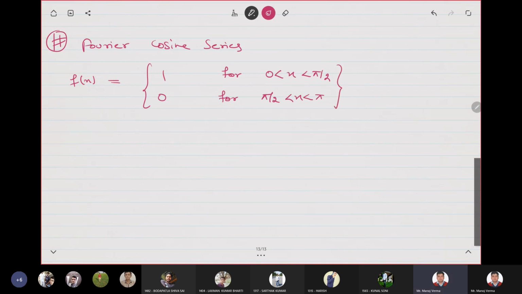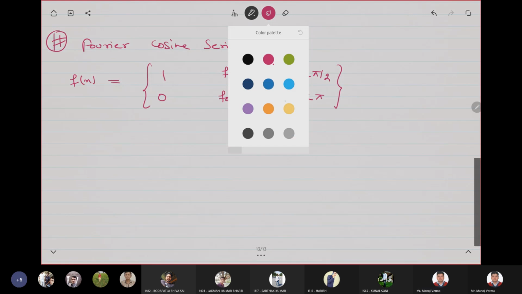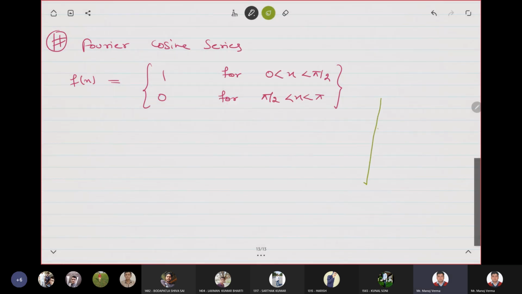Okay, this function was defined in this manner. So if I plot this function, in each and every question you have to plot the function. This function is defined only in the half range from 0 to pi, and from 0 to pi by 2 it is 1.